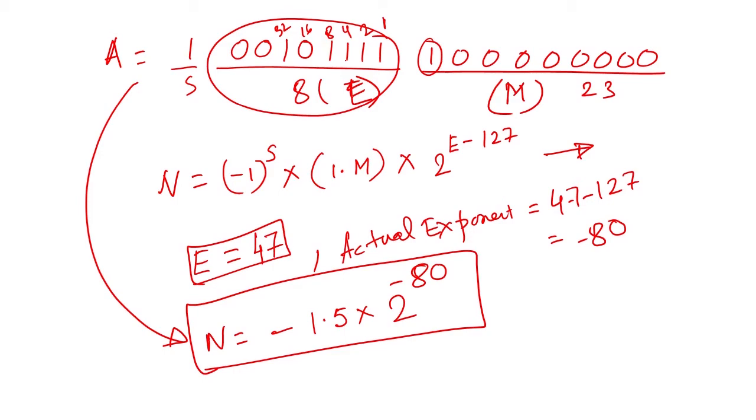Okay. So, I will end this talk with a note on the special representations of numbers. Similarly, there is something called 64-bit representation. In that case, the sign bit is always 1 bit, the exponent will be 11 bits and the next 52 bits will be the mantissa.